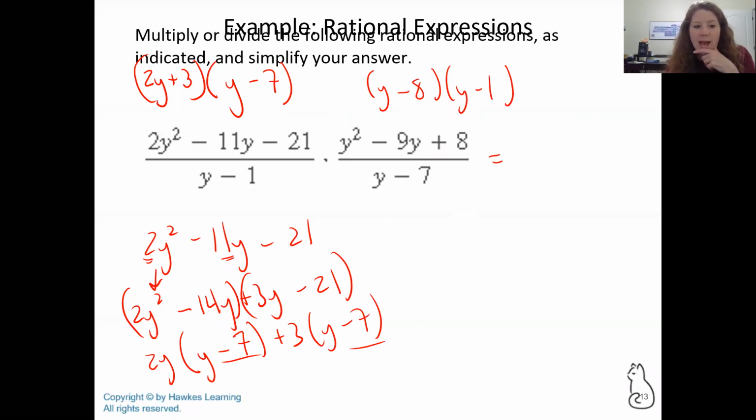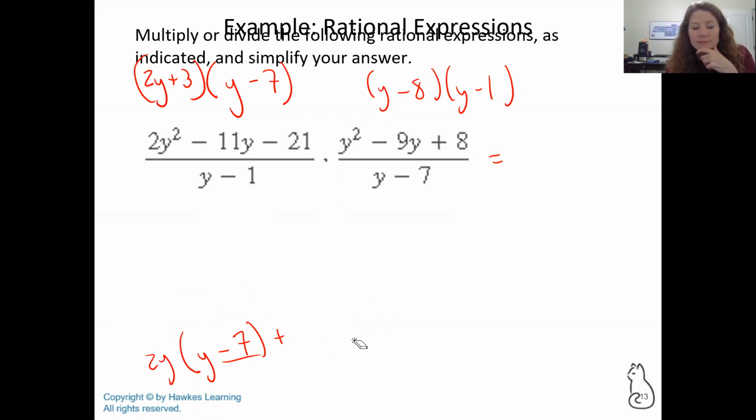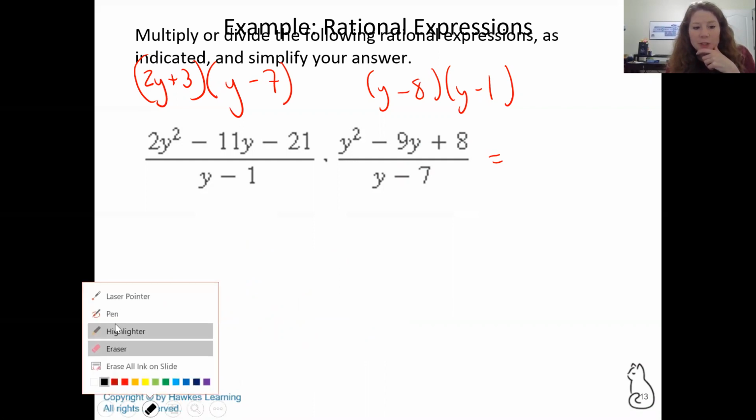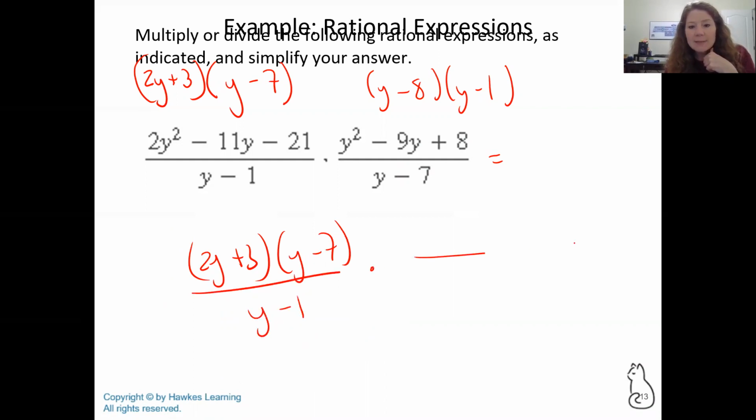So what do we have? Let me get rid of all this. So let's just write all of this down here, right? So it's more plain for us to see. We have 2y plus 3 times y minus 7 over y minus 1 times y minus 8 times y minus 1 over y minus 7.